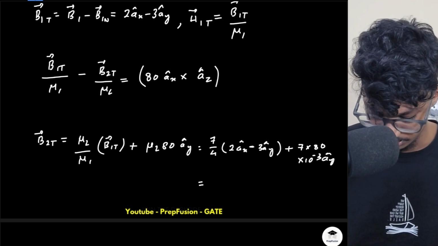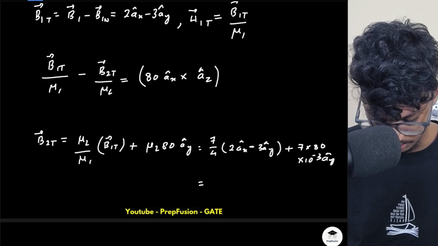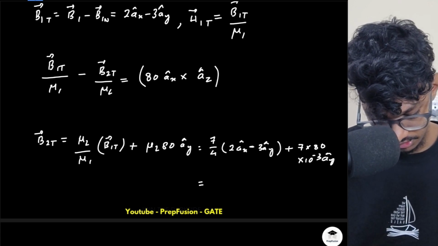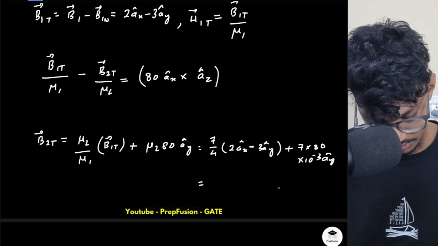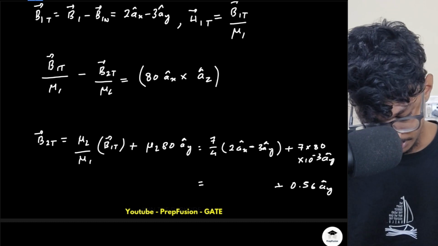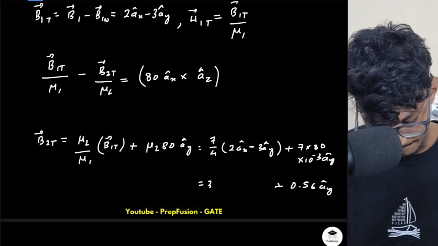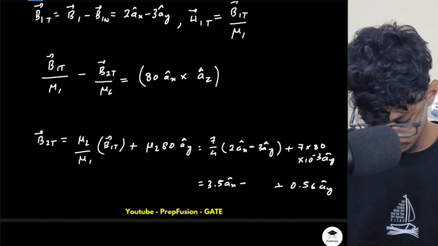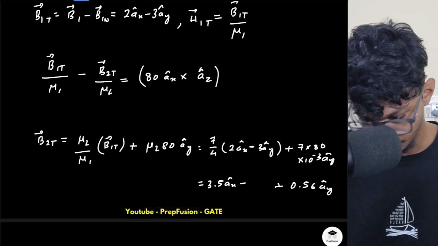What does it become actually? 7 into 80 divided by 1000 is 0.56. Remember this is in millitesla, and this one will be 7 by 4 into 2, 3.5 AX minus 7 by 4 into 3, 5.25.